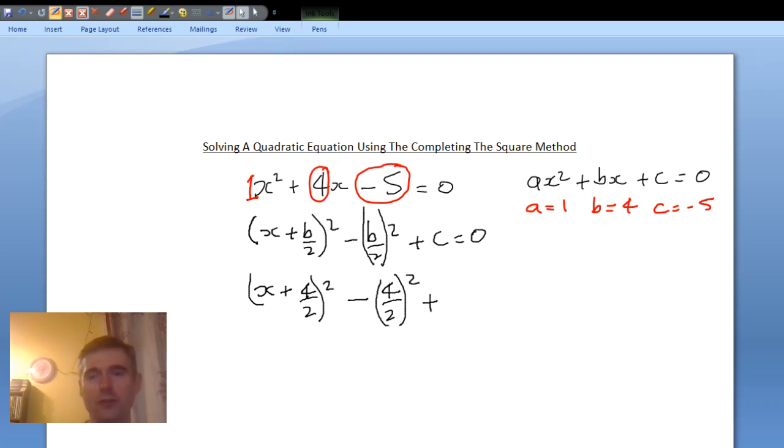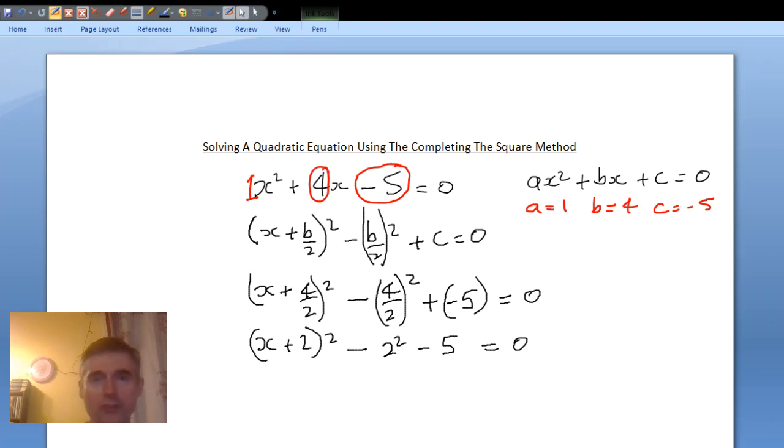Now plus, we have to take into account there's a negative sign in front of the 5, so plus minus 5, and I might put a little bracket around there, that equals 0.